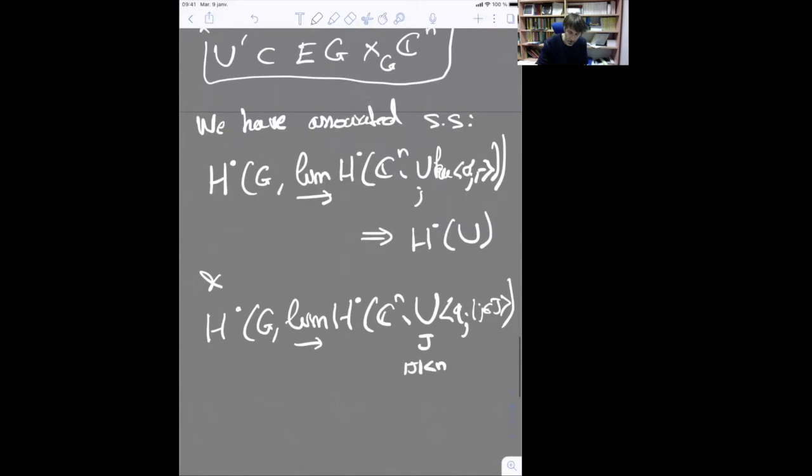And this also converges to the cohomology, but now of U prime.